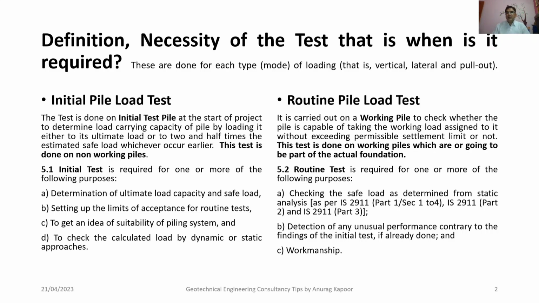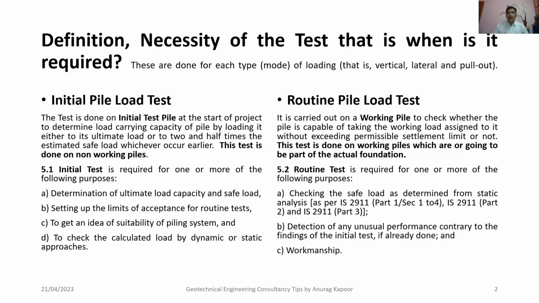So dear friends, what I am telling you is that this is applicable for each mode of loading, whether it is a vertical pile load test, a lateral pile load test or a pull out pile load test. Now, the initial pile load test. This test is done on an initial test pile at the start of the project.